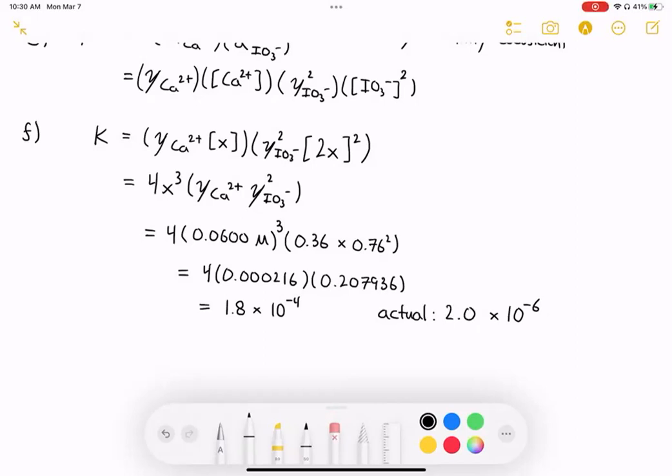Well, I should be using a textbook actually. Let me see. KSP values. There's a better table here. They don't have it very much for the iodates, unfortunately, but there should be a table here.